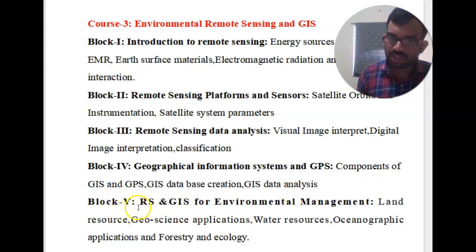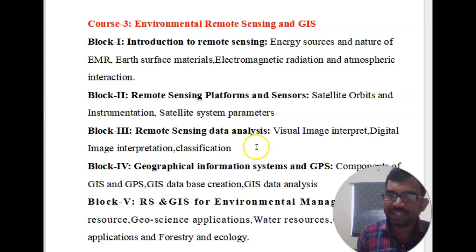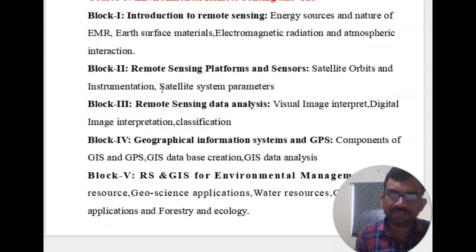Block 5, unit 5, is RS and GIS for environmental management, how environmental remote sensing supports management of environmental sources like land resources, geoscience applications, water resources, oceanographic information and applications, forest and ecology. This kind of data we will record by using satellite remote sensing systems.